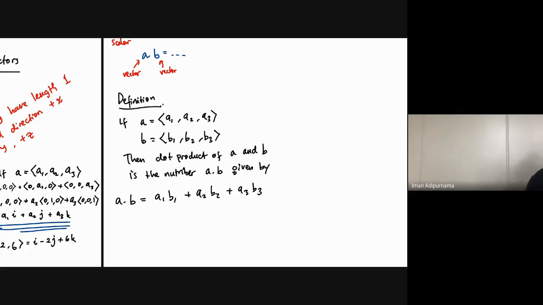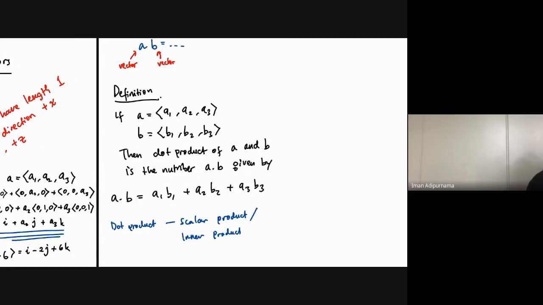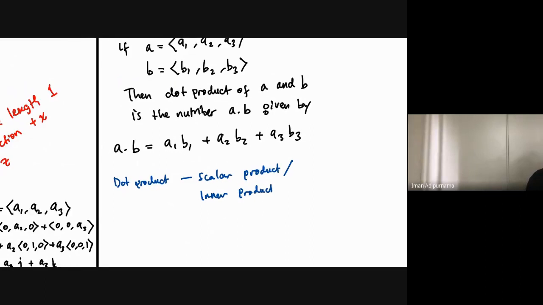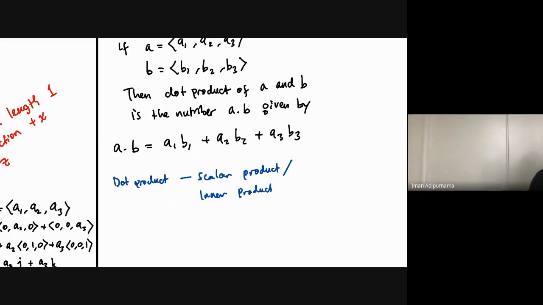Sometimes the dot product is called the scalar product or inner product because the result is a scalar. And it's still the same for 2 dimensions, the same formula applies.